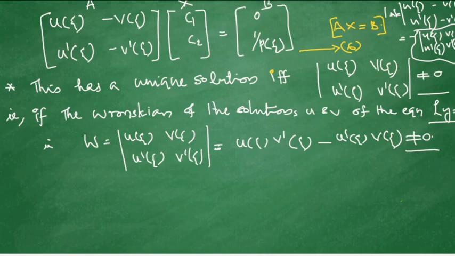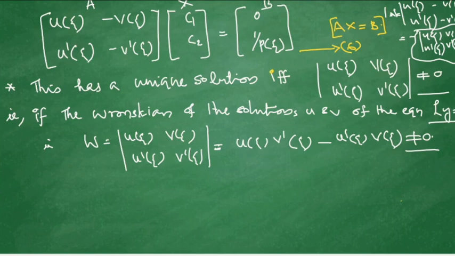So if they are linearly independent, then the Wronskian is not equal to 0. And if the Wronskian is not equal to 0, then determinant of A will be minus of Wronskian of UV. So determinant of A is not equal to 0. Hence we will get unique values for C1 and C2.